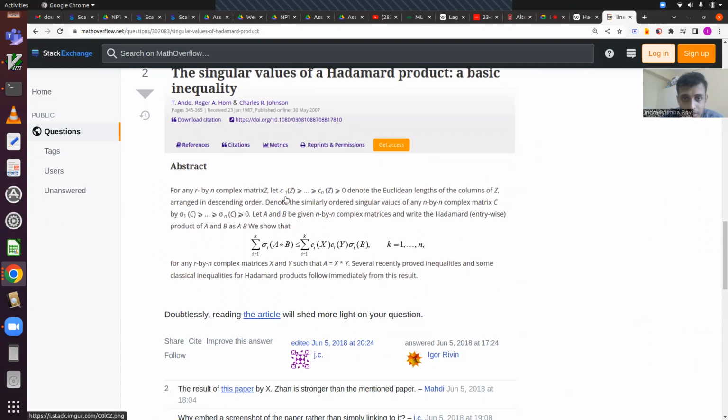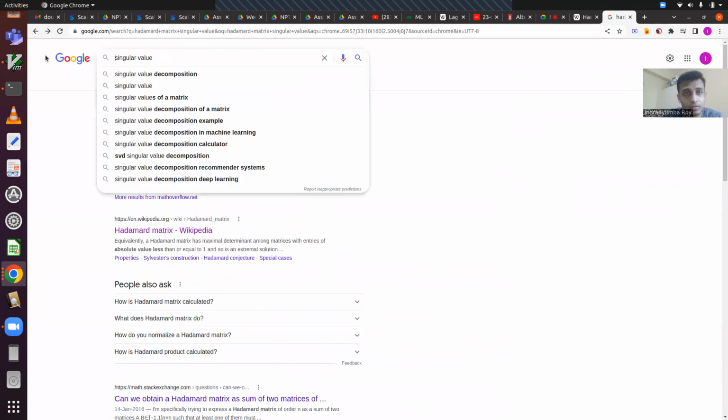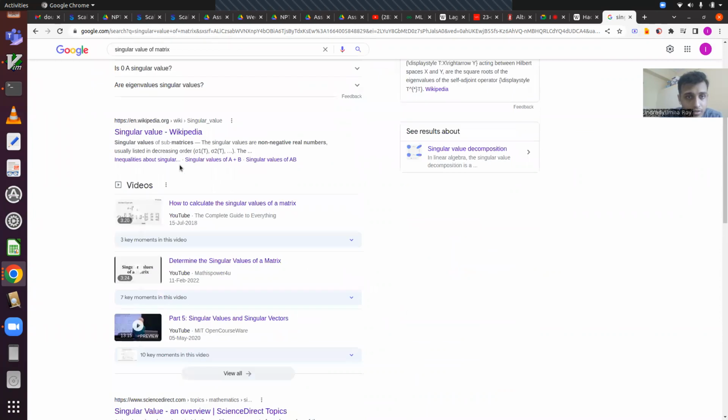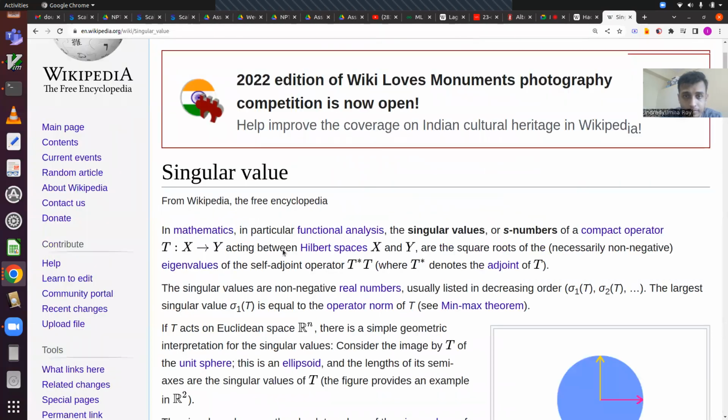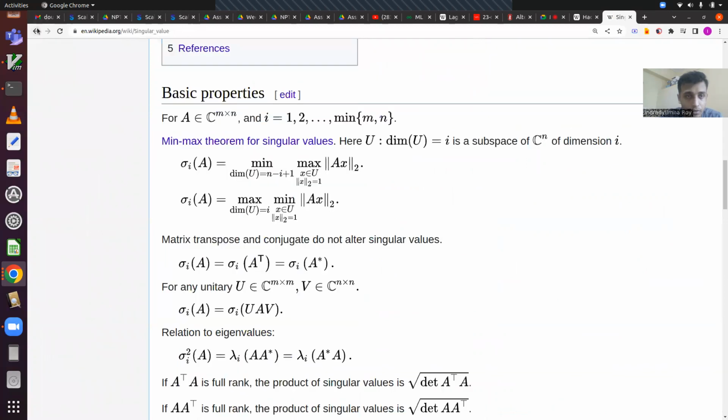Okay, for any R^n, this is the Euclidean length of the column. Similarly for an n by n complex matrix. I think it is a general concept. No, this is showing SVD.